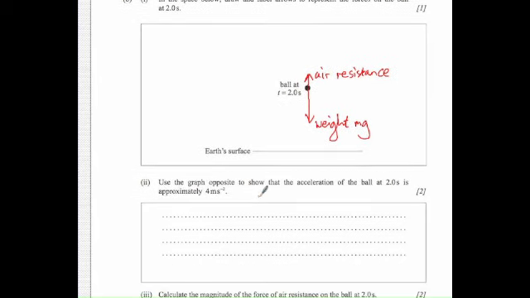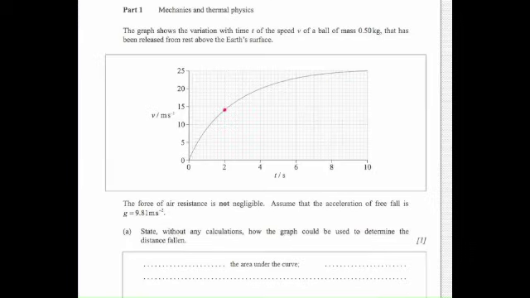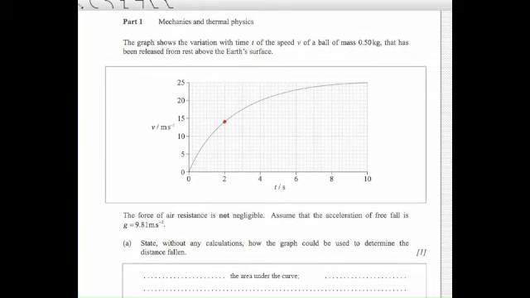Now, we need to use the graph to show that the acceleration at 2 seconds is a certain value. So, going back to the graph, the acceleration at a point is the gradient of a tangent to the curve at that point. So I'm going to draw in a tangent. To draw a tangent, normally you place your ruler against the curve so that it doesn't cross the curve, just touches it at that point.